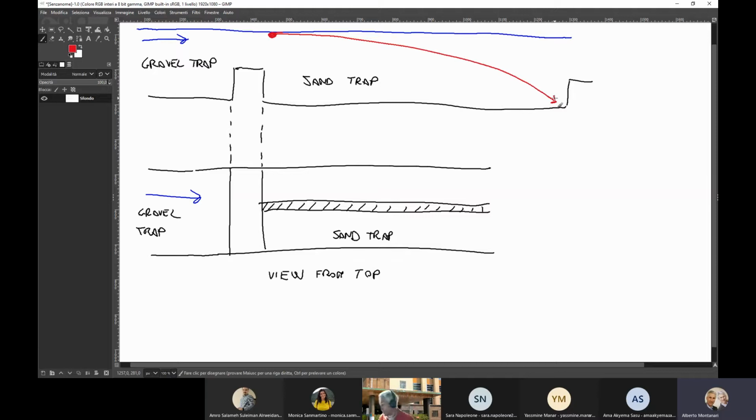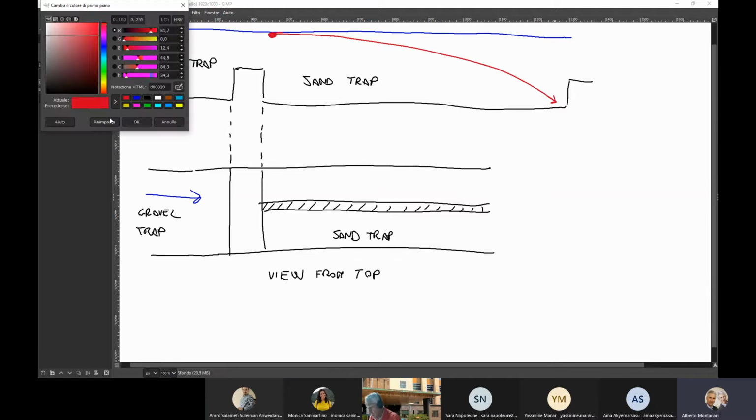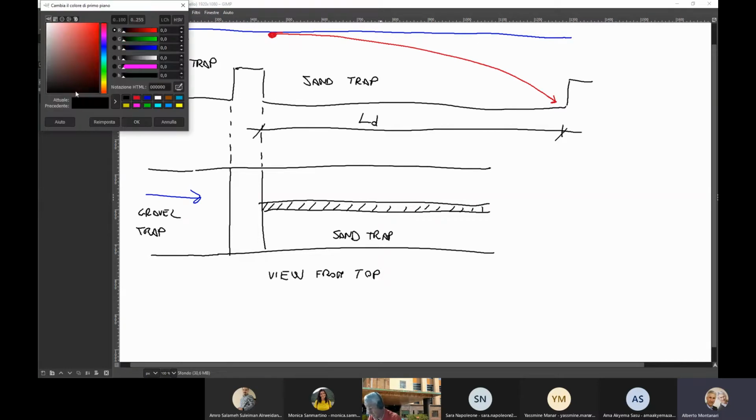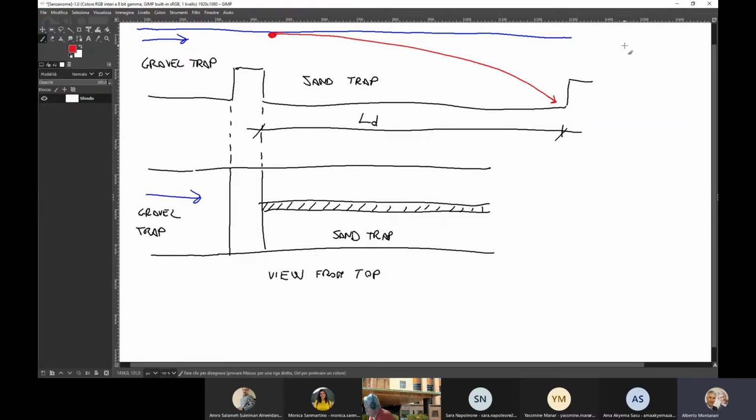If you indicate with the symbol LD the length of the sand trap, there is a time of sedimentation T required for the particle to reach the ground.